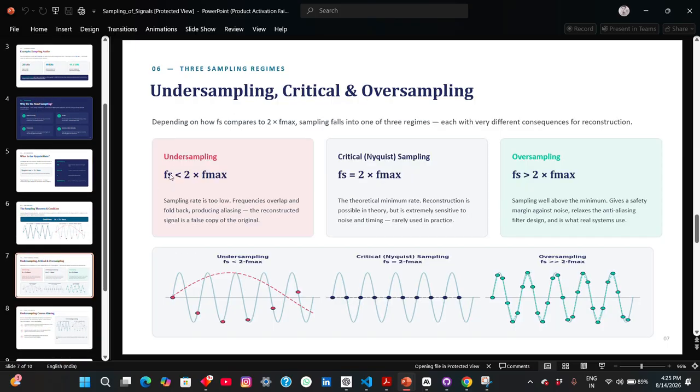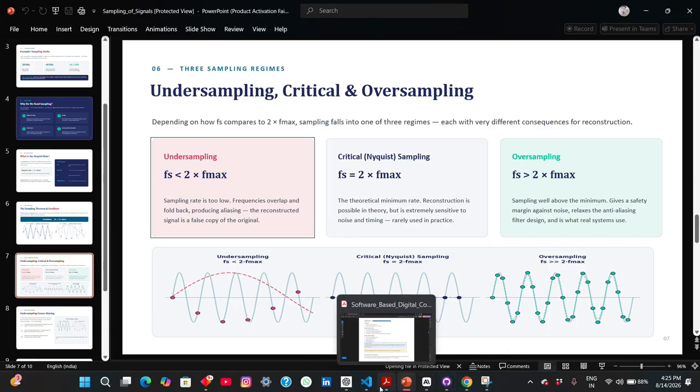If Fs is less than 2 times Fmax, where Fs is the sampling frequency and Fmax is the maximum frequency of the original signal, then it is undersampling and we will see distortion in the output. If Fs equals 2 times Fmax, then it is critical sampling and there will be some distortion, and if it is greater than 2 times Fmax, then it is oversampling and there will be no distortion.